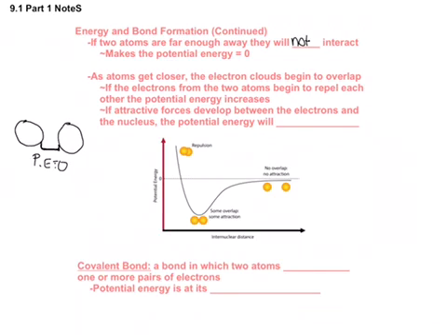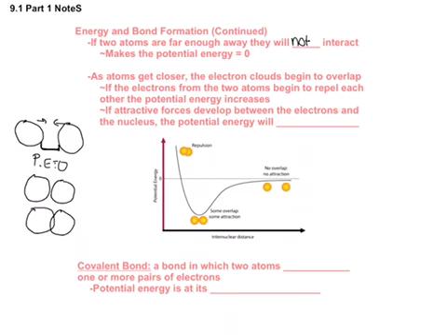As those atoms get closer, as they move towards one another, those electron clouds are going to get closer and closer, and eventually they're going to overlap and begin to interact. If the electrons from two atoms begin to repel each other, we're going to have an increase in potential energy.